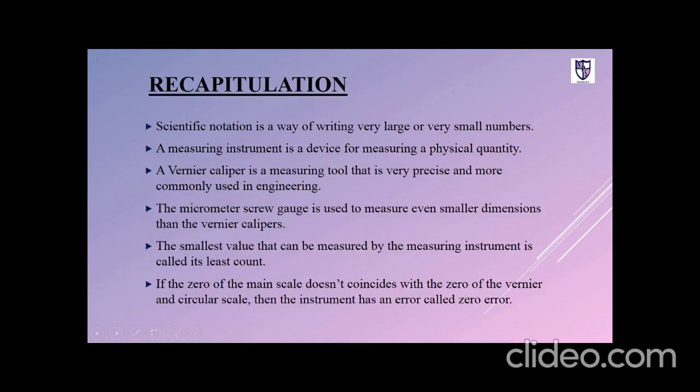The smallest value that can be measured by the measuring instrument is called its least count. And if the zero of the main scale doesn't coincide with the zero of the vernier and circular scale, then the instrument has an error called zero error.